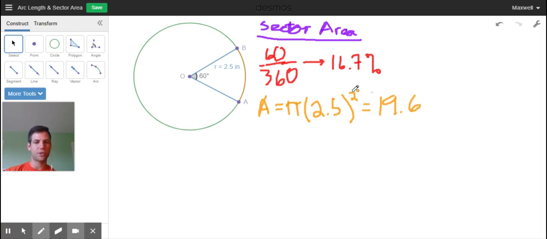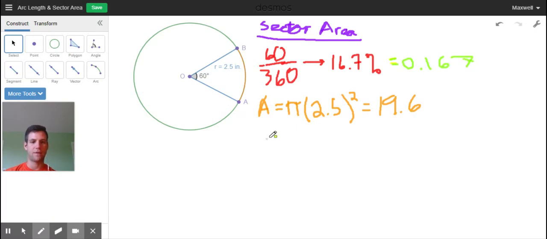That gives me an answer for area of 19.6. And I'm almost there already. I can take this 16.7% as a decimal, and that decimal would end up being equal to 0.167.